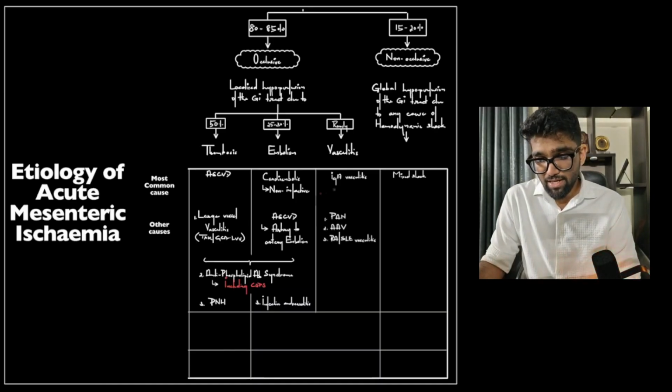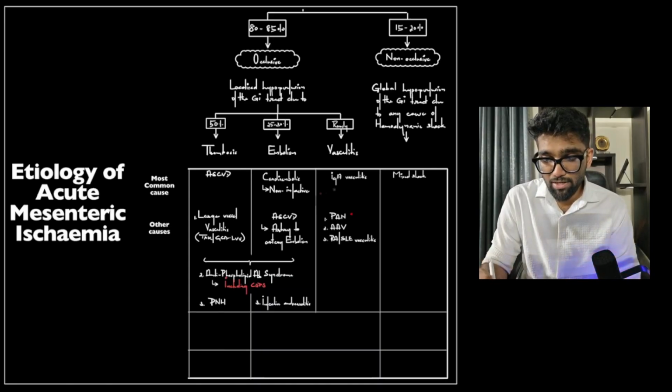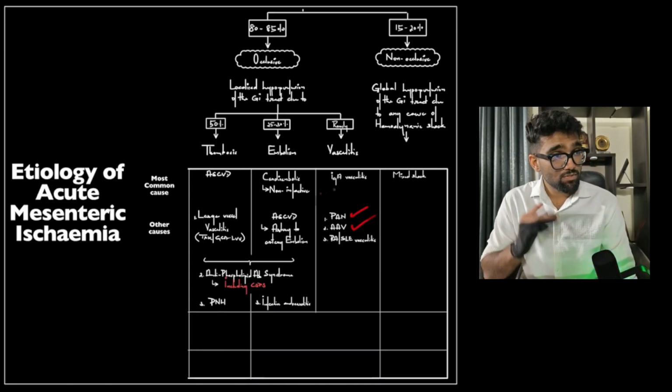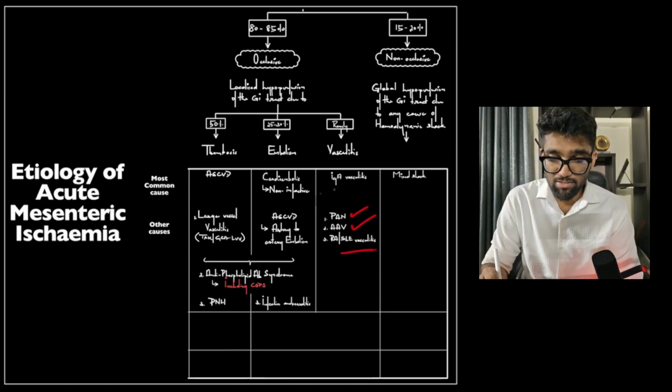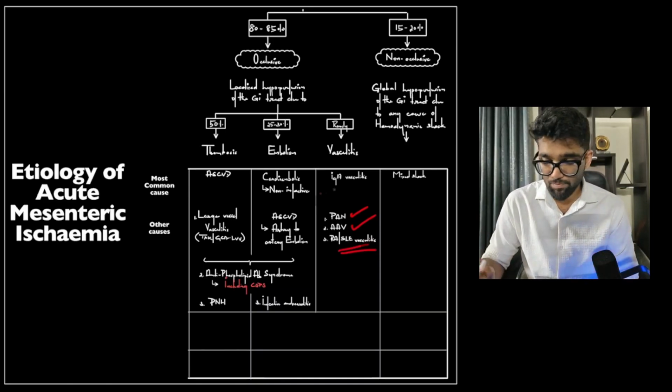Now, in case of vasculitis, the other possible vasculitides that can cause GI vasculitis are polyarteritis nodosa, ANCA-associated vasculitis, and in patients with long-standing RA and or long-standing SLE, RA and SLE vasculitis, not in just routine patients. Okay.